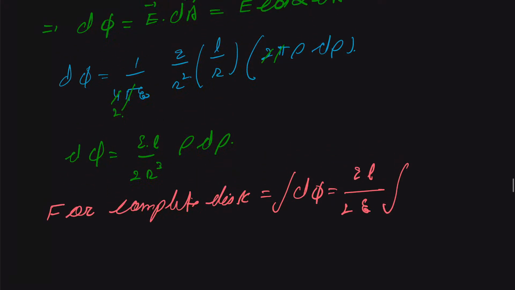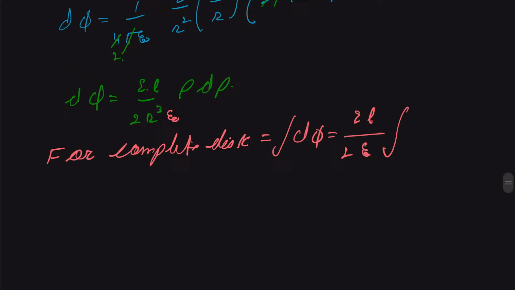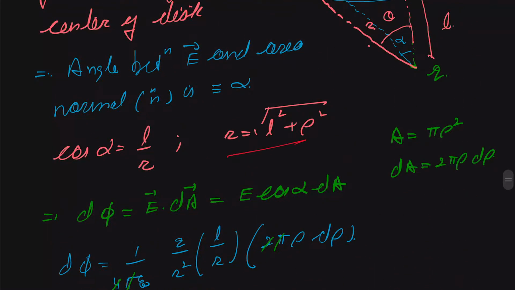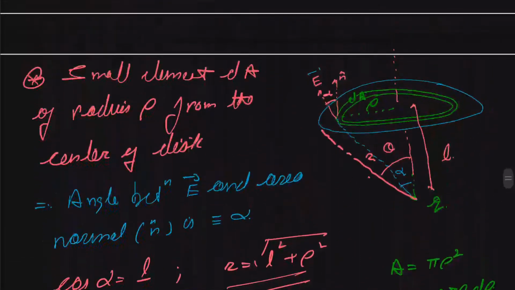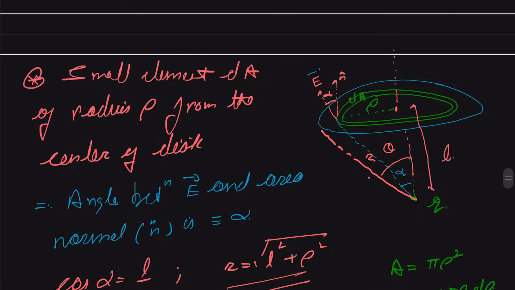Here I missed epsilon naught, and we substitute the value of r, so this comes as rho d rho, and r is L square plus rho square to the power 3 by 2. Obviously the limits will be from 0 and up till here.